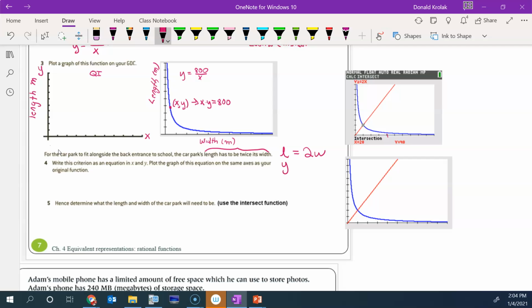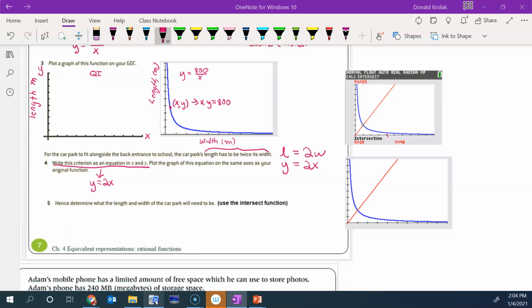So y equals 2x. So it says write this criterion as an equation in x and y. We just did. Y equals 2x. And then plot the graph on the same axis as your original.